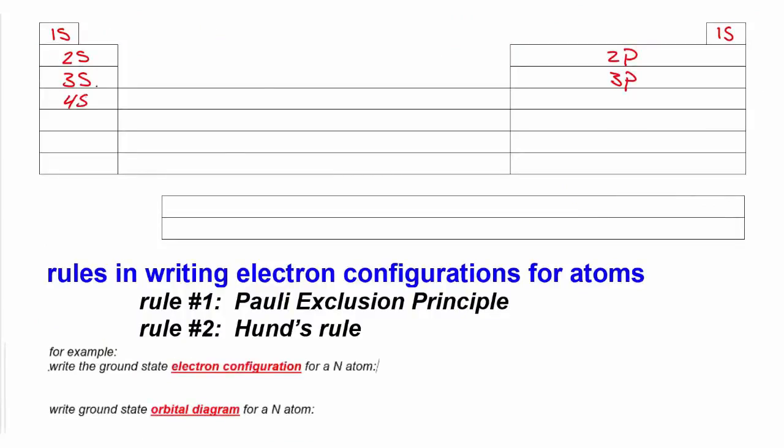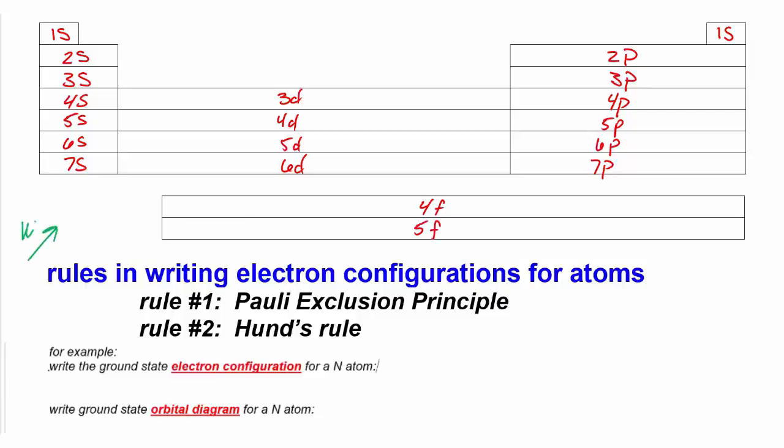We have 4s. In fact, this is all s: 5s, 6s, 7s. These are all p's: 2p, 3p, 4p, 5p, 6p, 7p. Now the d's: 3d, 4d, 5d, 6d. And then these lanthanide and actinide series, 4f and 5f.